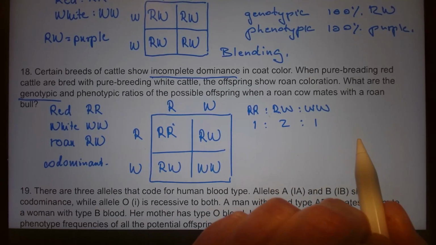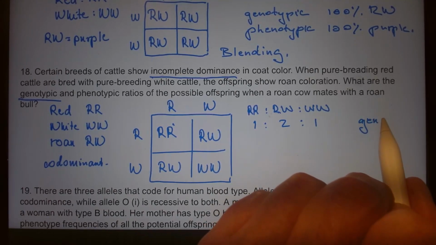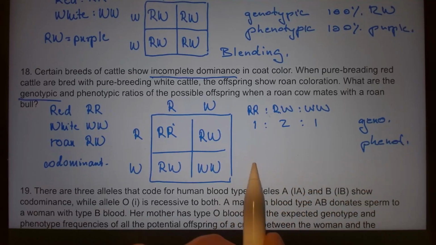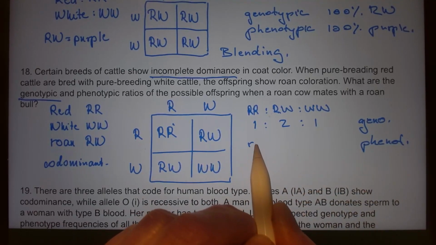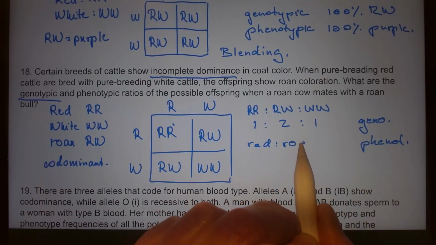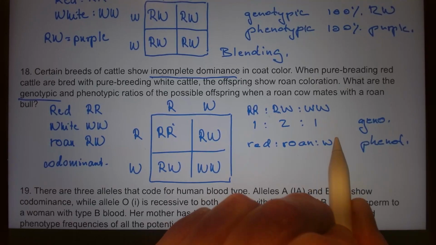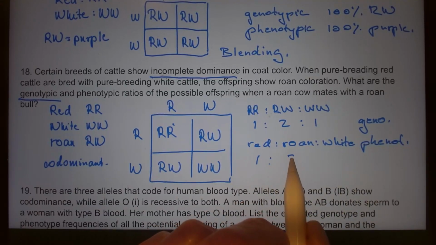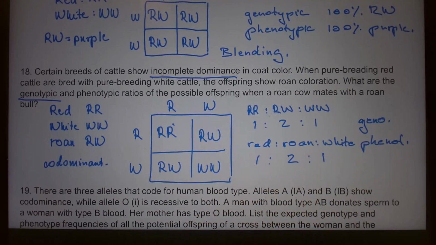The phenotype ratio will be red to roan to white, and it is the same, 1 to 2 to 1 in that case.